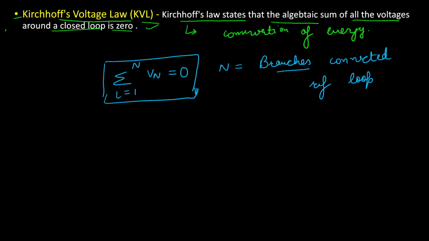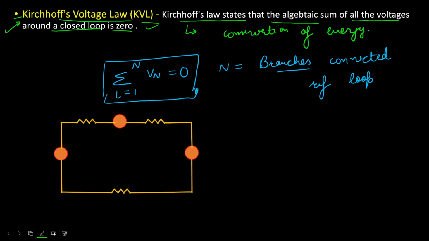Let us explain KVL with the help of an electrical circuit. Let's say this is an electrical circuit, and this is the voltage source V1, this is voltage source V2, and this one is V3.